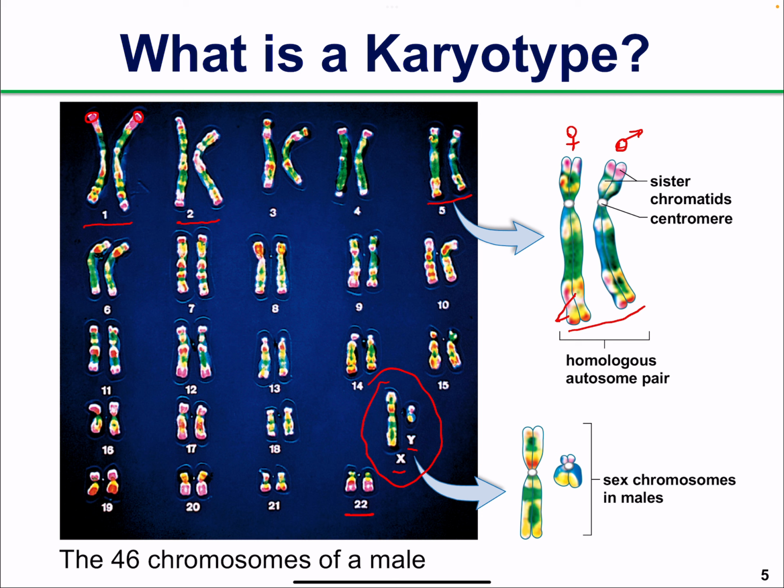Each leg in this duplicated chromosome is called sister chromatids. And the sister chromatids are held together at the particular area of the chromosome that we call the centromere. This is the centromere, right? The centromere is the structure that holds the sister chromatids together, right? So that's something you want to know.